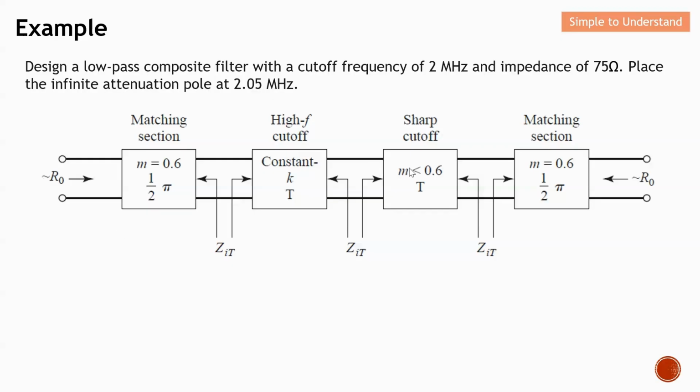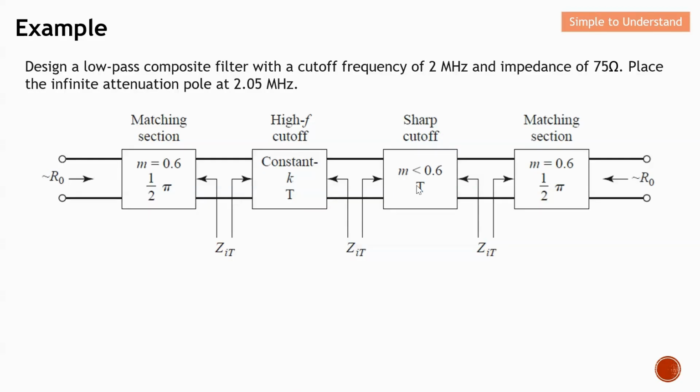Because we need to achieve a sharper cutoff, we have this m-derived stage. However, I must emphasize this: we can in fact omit it if we can sacrifice the sharper cutoff. If, let's say, in the design we don't have the stringent requirement of having an attenuation pole at 2.05 MHz, then we can omit this stage of the design.